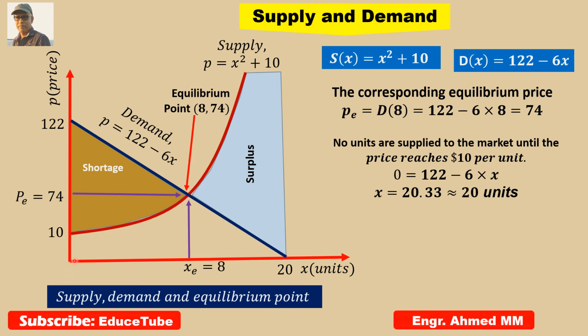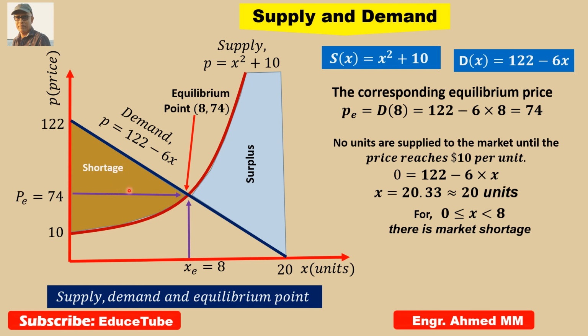So surely from here to here we can find two ranges. What is that? x less than 8 and greater than or equal to 0. So it means from here to here it is a shortage. See, it's very clear.